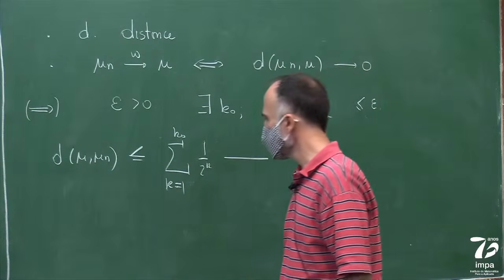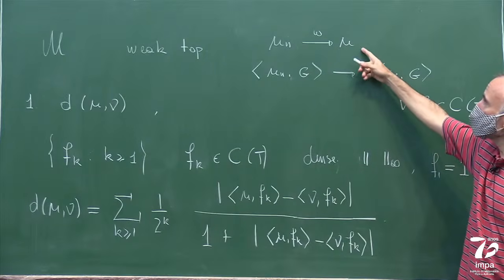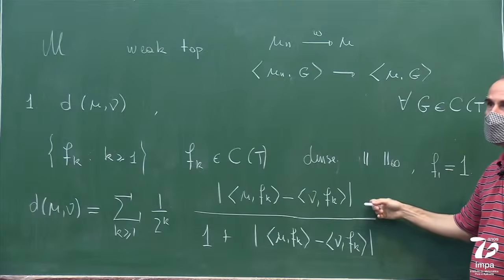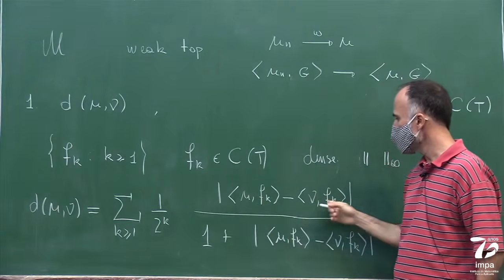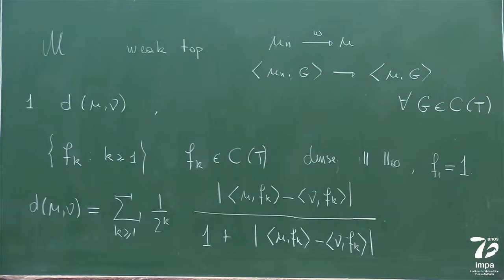So you take k equal to 1. Since mu n is converging to mu weakly, you can find n sufficiently large for this mu n fk minus mu fk to be smaller than your epsilon.